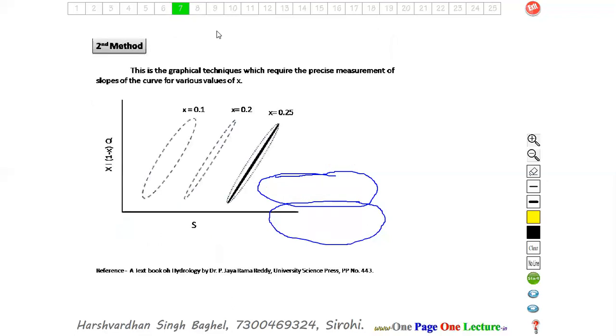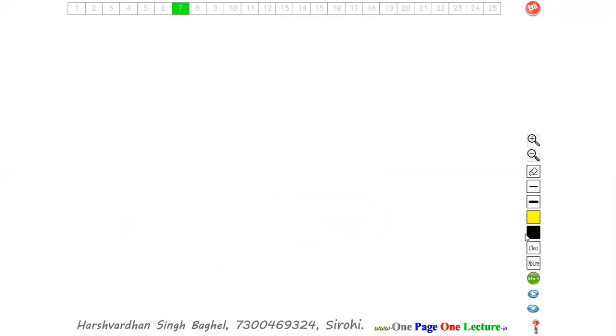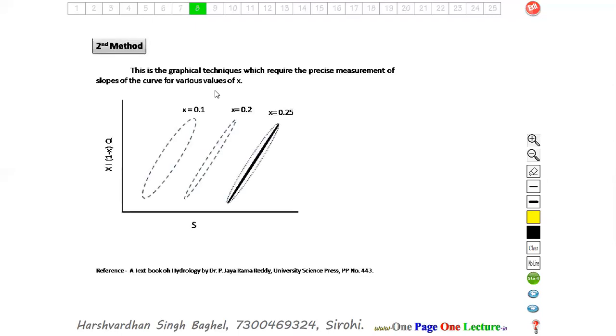In the second method, this method is also simple. However, it also requires precise measurement of the slopes.